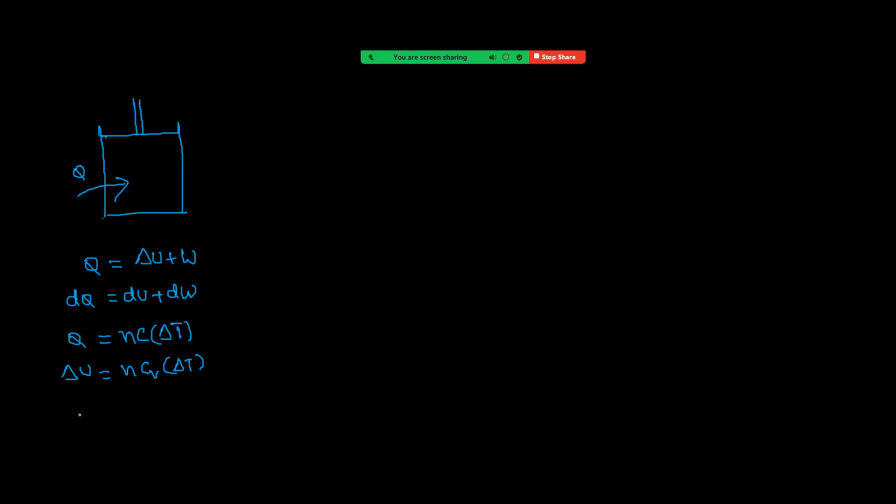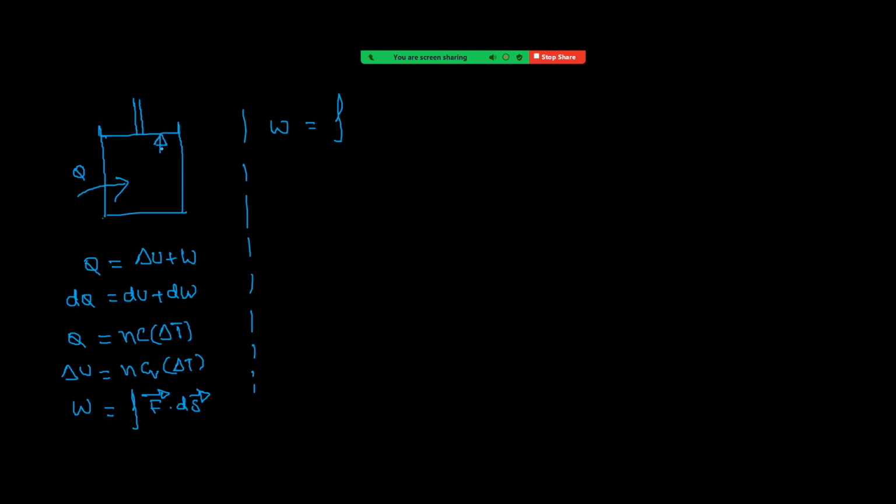Now coming to W. W is given by the integration of, see how to calculate this. According to the definition of work done, the line integral of F bar dot ds bar. Now see, in the place of force what we can write. Suppose the gas is now expanding. Gas expanding means the force by the gas on the piston is outwards and the piston moves outwards.